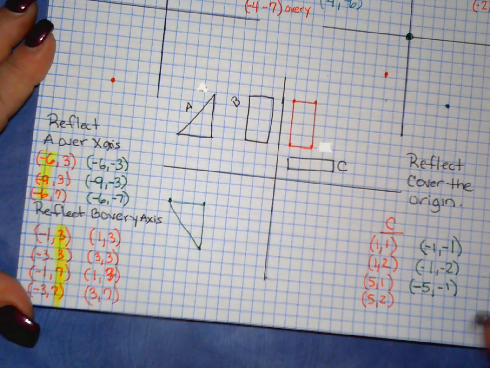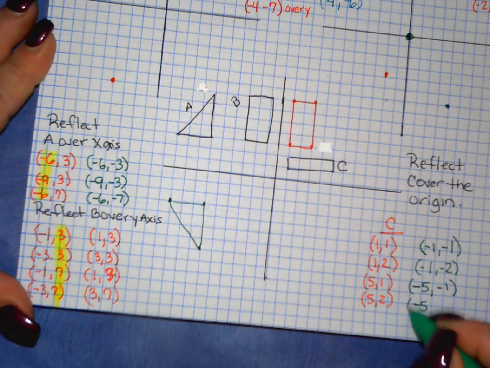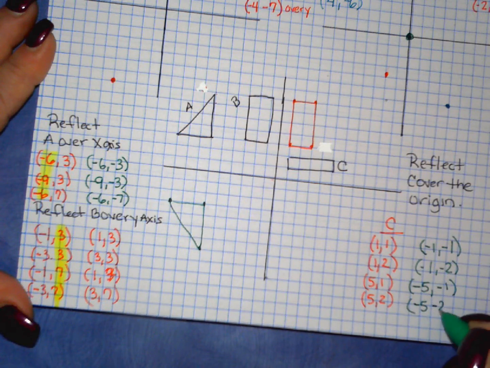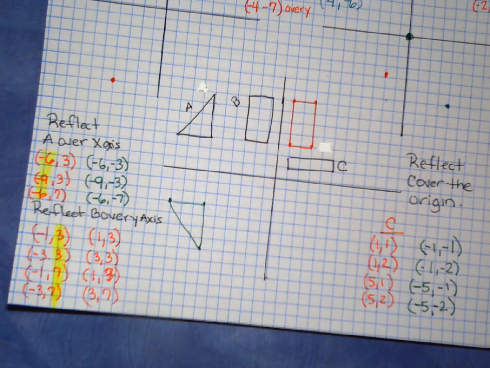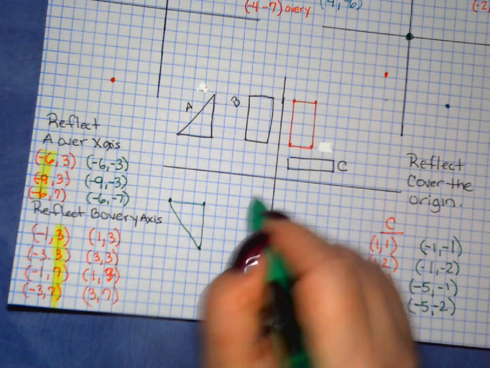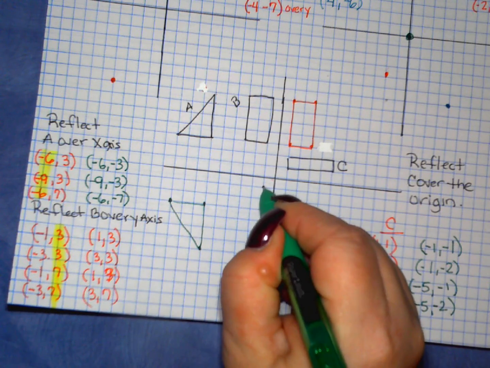And then 5 becomes -5, and 2 becomes -2. So those are our new coordinates, and we're going to graph them out just to make sure that they work, okay? So -1, 1. That bad boy goes right there.